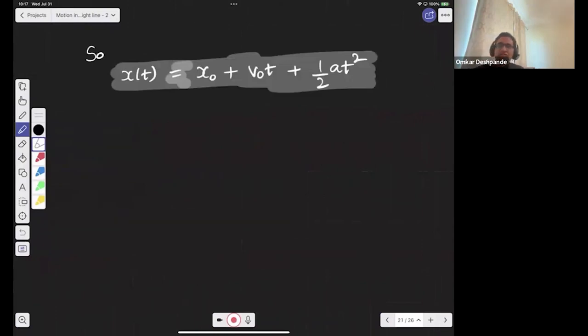Any questions about this? This is the prediction: any motion that's uniformly accelerated must have velocity and position functions which vary like this.